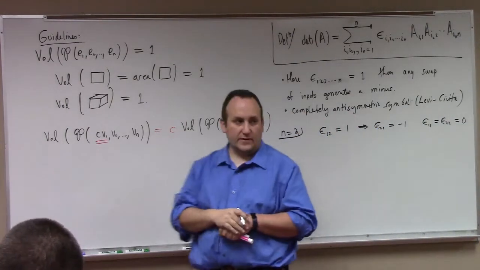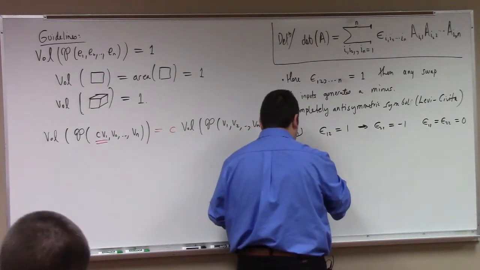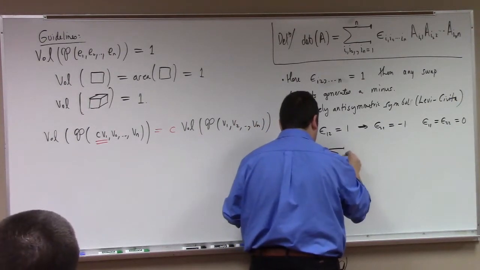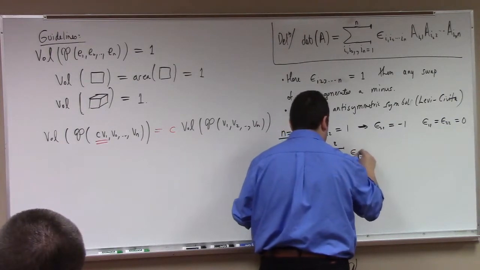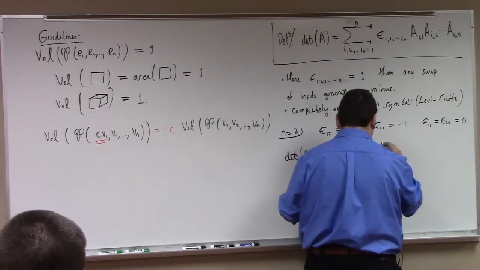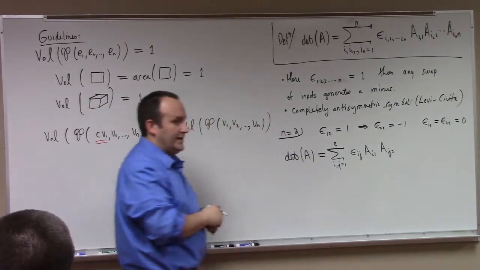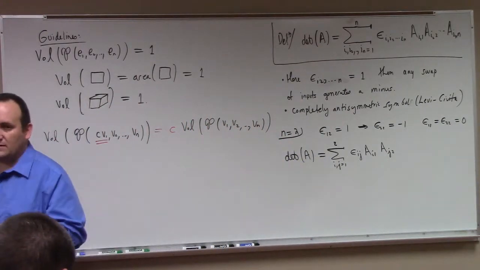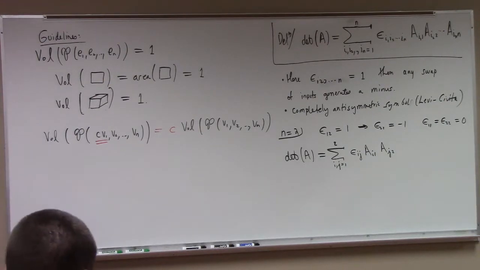So if we calculate the determinant of a 2 by 2 matrix, according to this formula, it's the sum over i and j equals 1 to 2, epsilon ij, a i1, a j2. So I've used I1 as i and I2 as j here.